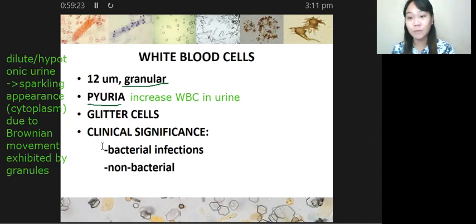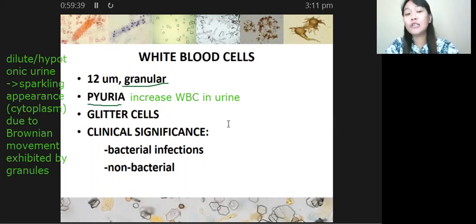Bacterial infection of your urinary bladder is referred to as cystitis.